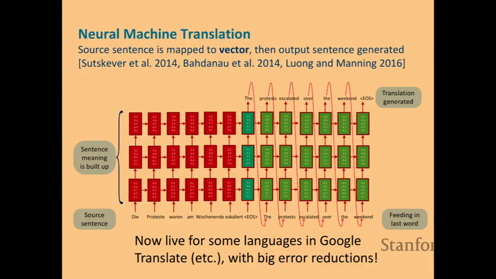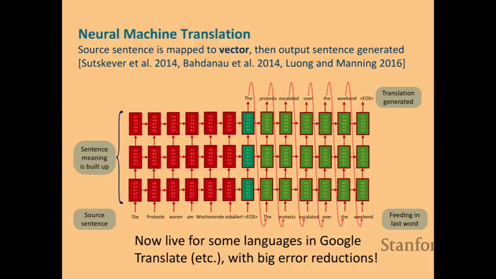And all of those words will be vectors, and then we'll describe them in deeper and deeper layers as vectors. And then the outputs, these vectors, will be all that we need to generate the English sentence, the protest escalated over the weekend.